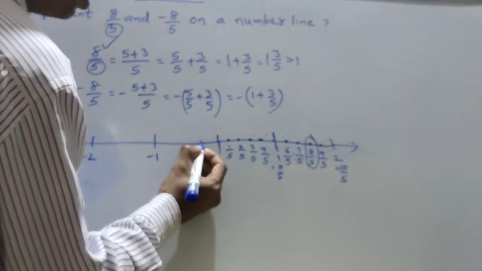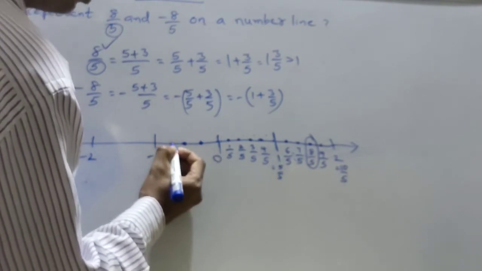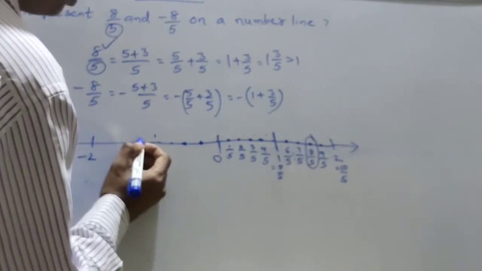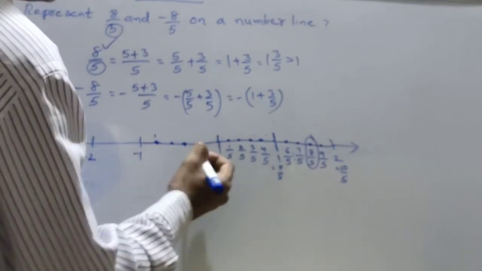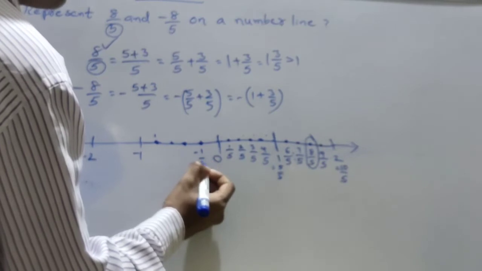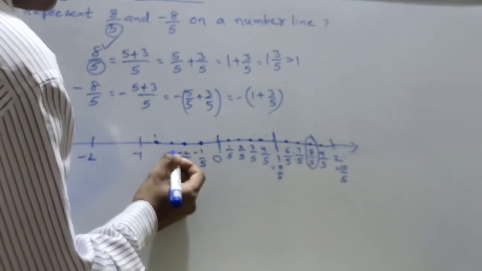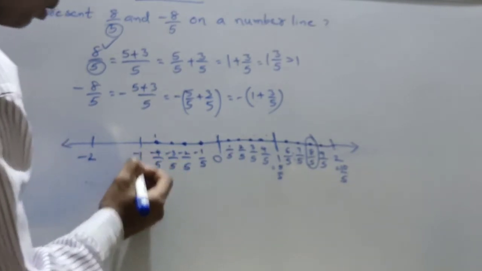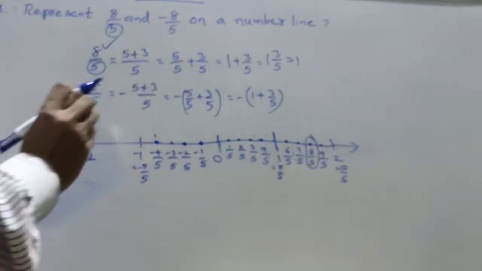For that we need 4 points, 1 2 3 4. After 0 we can write -1 by 5, next -2 by 5, -3 by 5, -4 by 5, and this one is -5 by 5, till here.